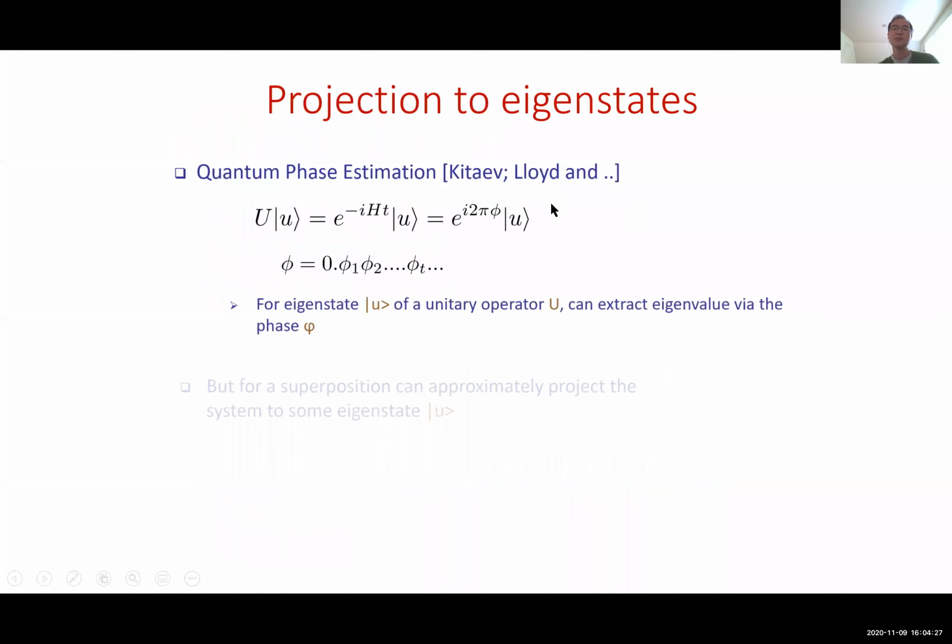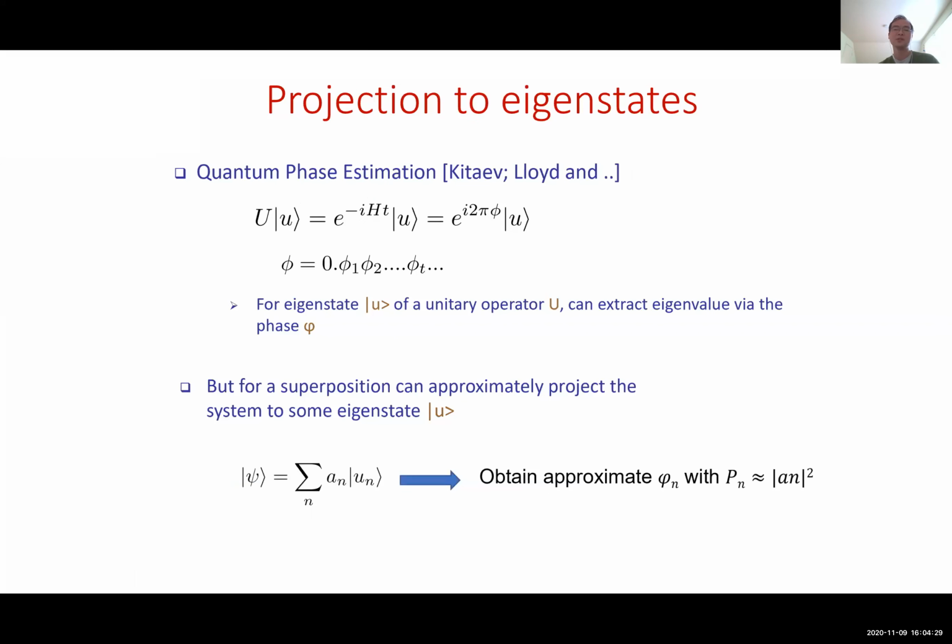So that's basically this slide. If your input is not an eigenstate, you read out some phase. If the accuracy is enough, you approximately read out the eigenvalue, the phase of a random eigenstate. Yeah, so you can just expand in the eigenstate basis.